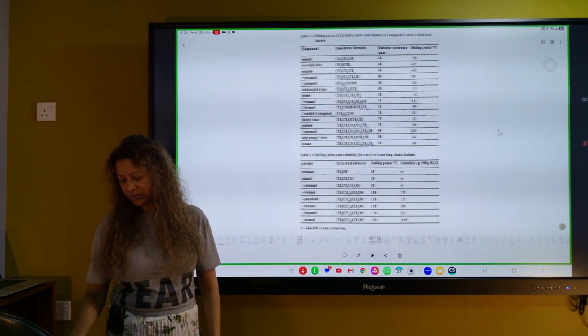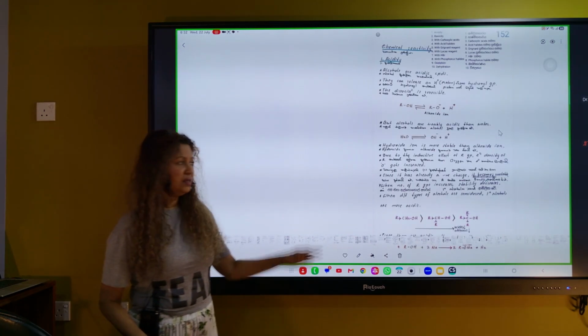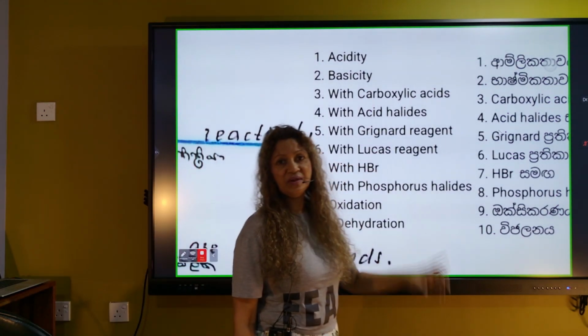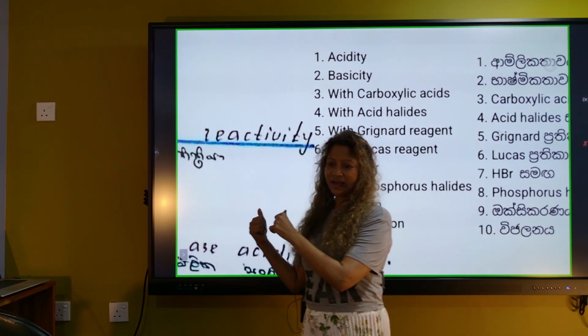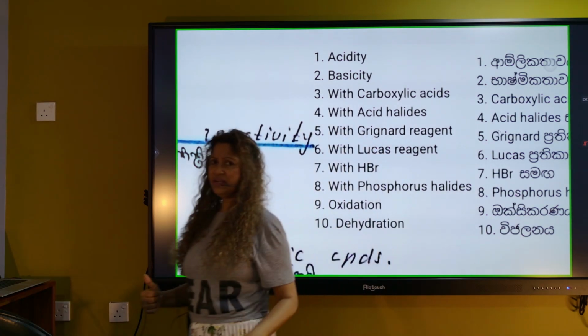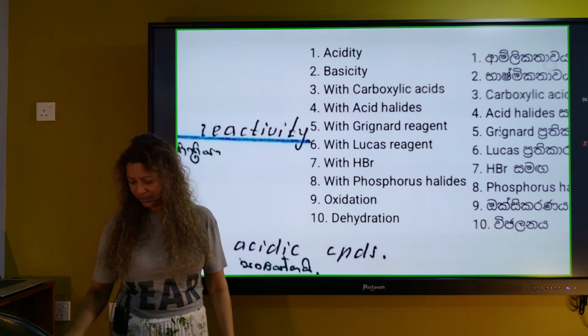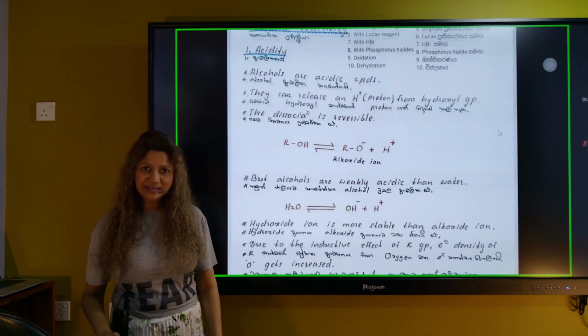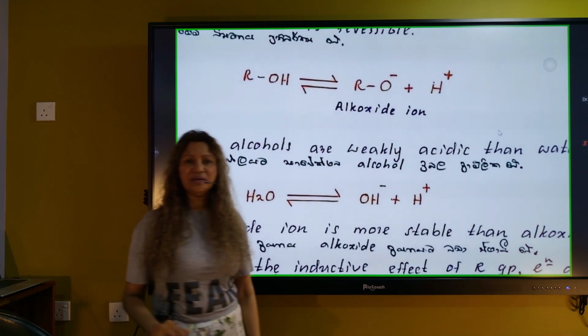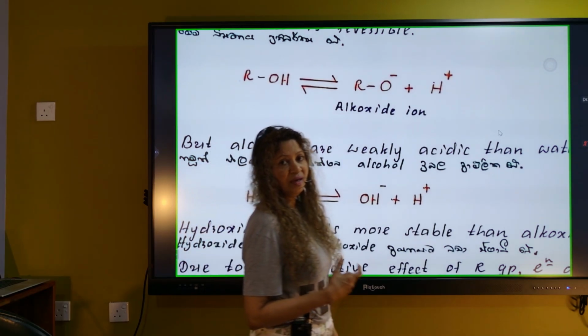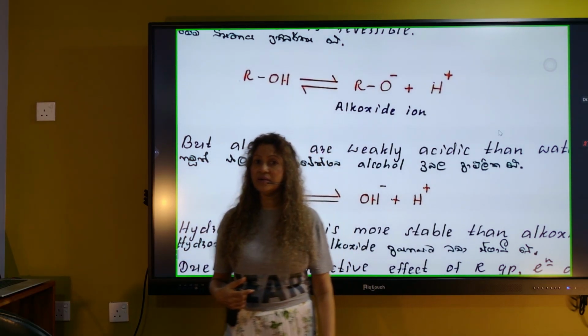And then the most important part is the reactivity. There are 4 different reactions that we're going to go on with alcohols. This is a black sheep, but we did it very easily today. None of these alcohol reactions are difficult. The very first one is acidity, but the acidity of alcohol is low because of the inductive effect coming through the R group.